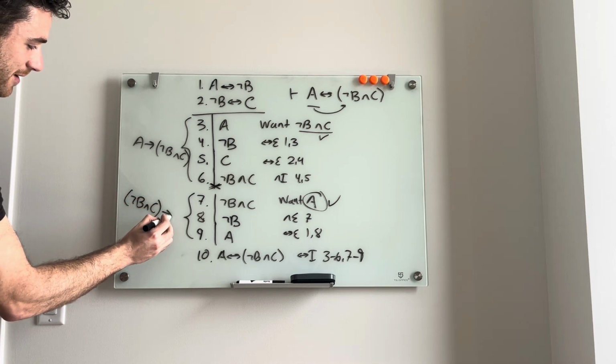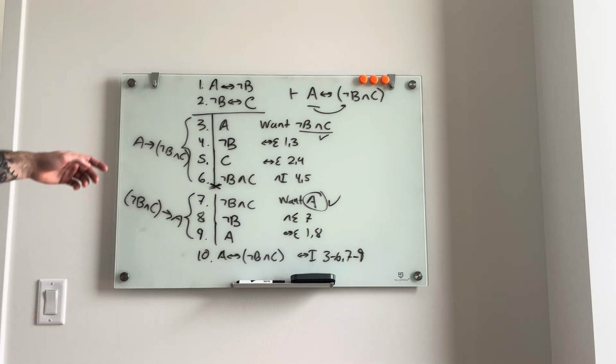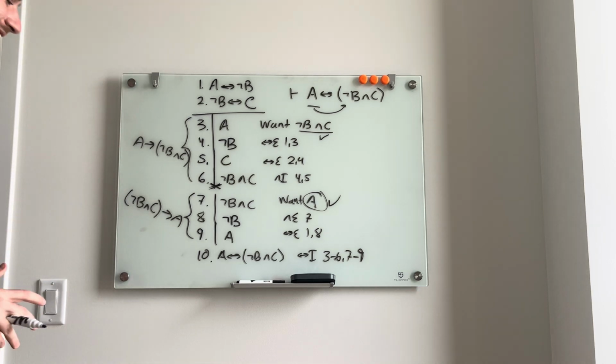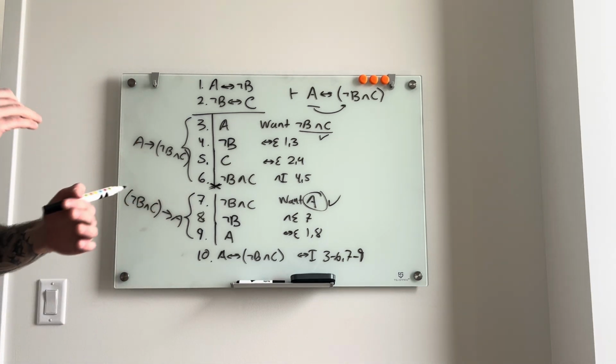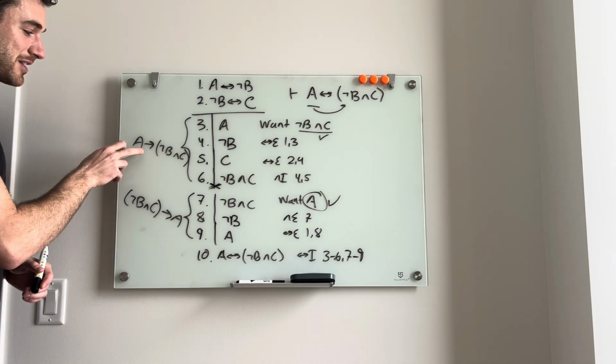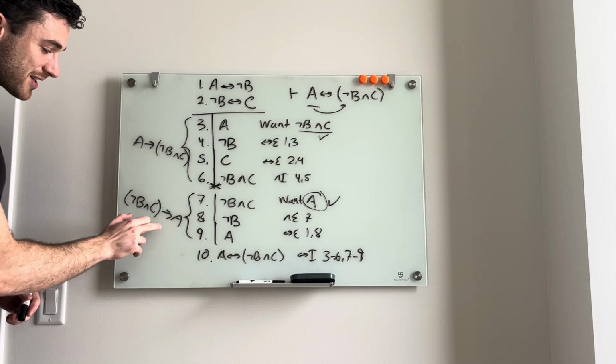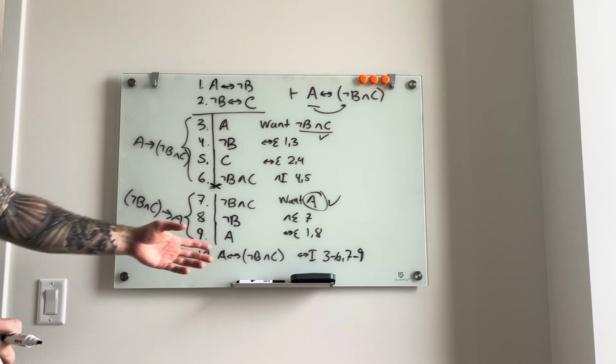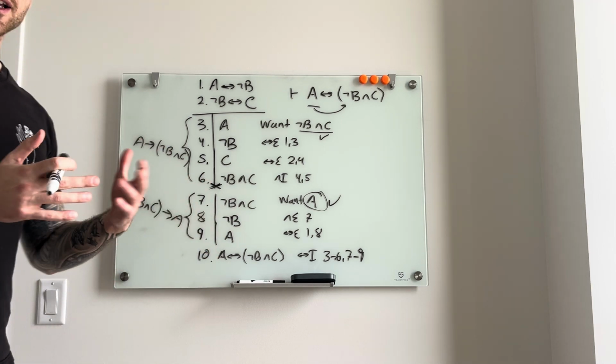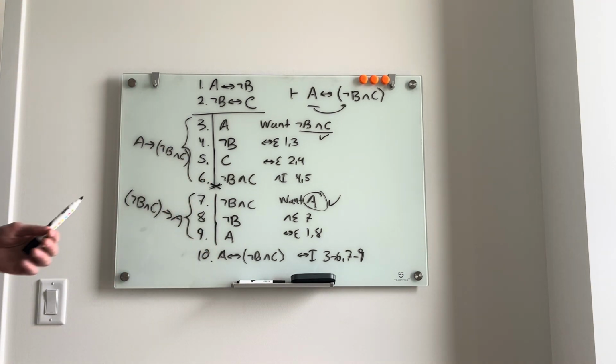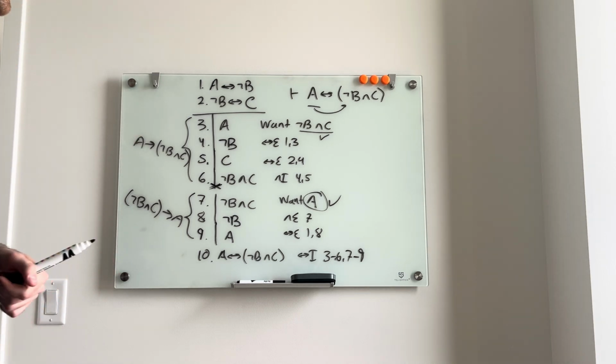Not B and C implies A. You take these two proofs together, and that shows you that the implication runs both ways, right? Not only does A imply this, but this implies A as well. That's pretty much what it means for something to be biconditional, or for implication to go both ways like that, okay?